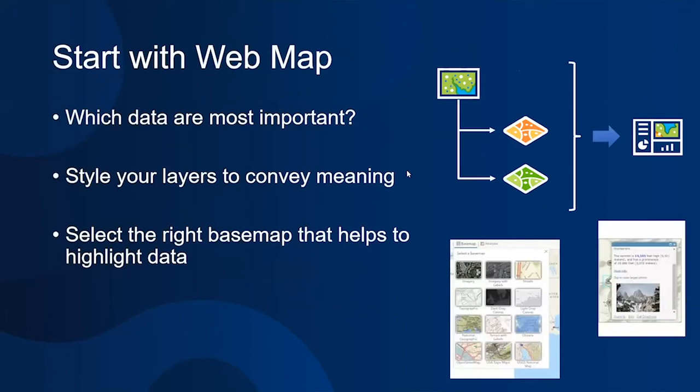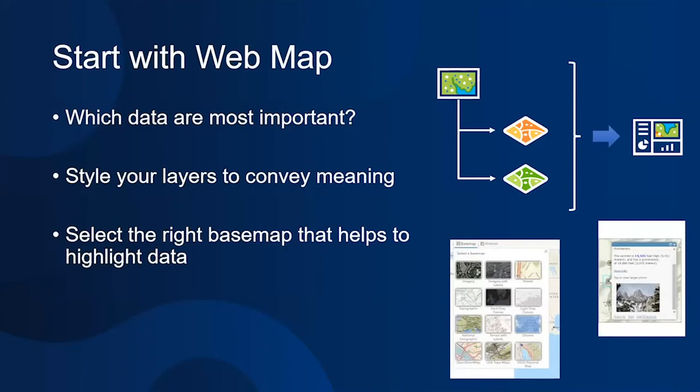Now, the most important part to start with when you design your dashboard is the web map. As you know, we create the dashboard starting from the web map. So whenever you have a good web map with the right map, good symbology, good labels, a good basemap, and proper scale and transparency, then you can add it to the dashboard and start creating your widgets and elements in it.